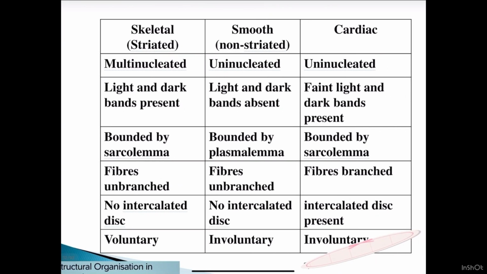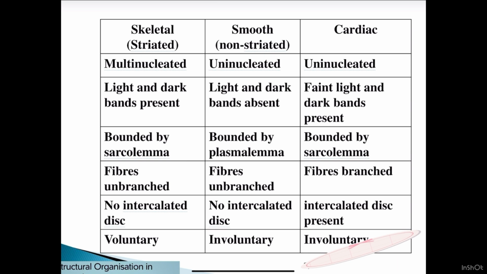Skeletal muscle is multinucleated, smooth muscle is uninucleated, and cardiac muscle is also uninucleated. Skeletal and cardiac muscle show light and dark bands, whereas light and dark bands are absent in smooth muscle.